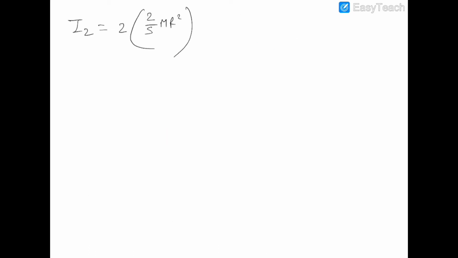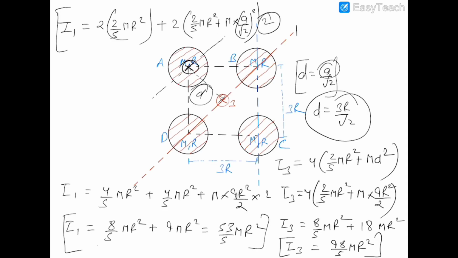So the moment of inertia of the other two spheres would be twice of 2 by 5 mr square plus, now the distance between the axis which is passing through the center of these spheres and this axis, which is also parallel to this axis.